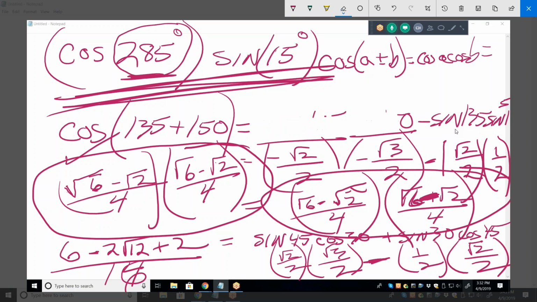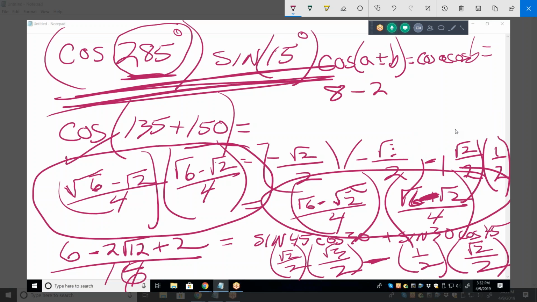Hold on, let's just keep taking this down, which is usually the way you want to do it. So it's 8 minus 2 root 12 all over 16. I divide top and bottom by 2. I get 4 minus root 12 all over 8.